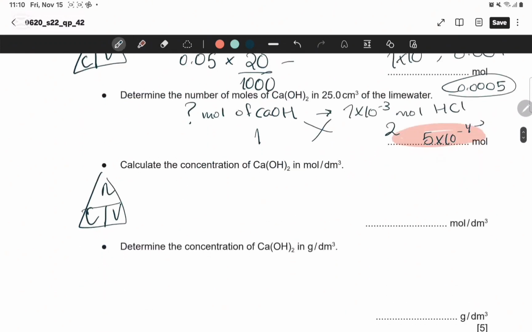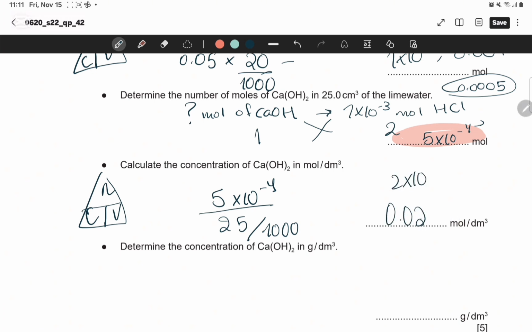So we do 5 times 10 to the power of -4 over the volume, which is 25 centimeters cubed, and then we divide that by 1000 to turn it into decimeters cubed. So 5 times 10 to the power of -4 divided by 25 over 1000, the answer is 0.02, or you can say 2 times 10 to the power of -2.